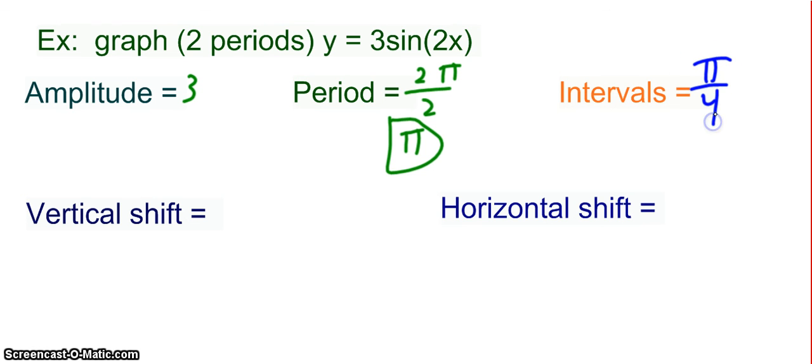So that's pi over 4. The vertical shift, there is nothing added or subtracted outside of the function, so that's going to be 0. And the horizontal shift, there's nothing added or subtracted inside of the parentheses, so that is also going to be 0. I'm going to stop this here because we're going to run out of time on this video, but we're going to pick up the graph with the next video.